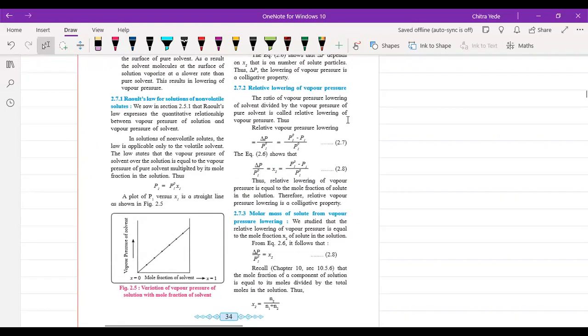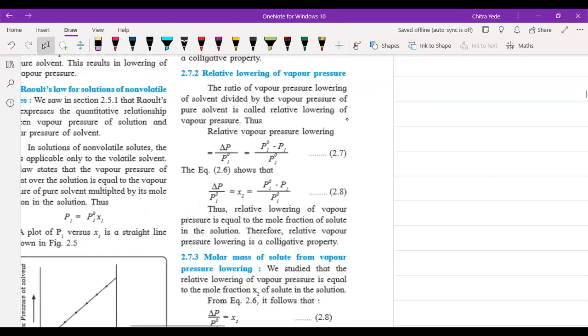Yeah, here we have relative lowering of vapor pressure. That formula we have derived already. There we took P2 and here it is P1. Nothing more than that, otherwise it is the same, right?